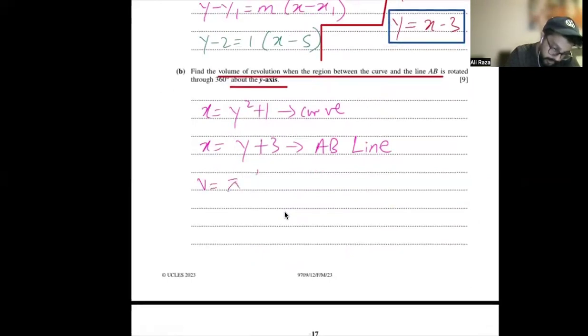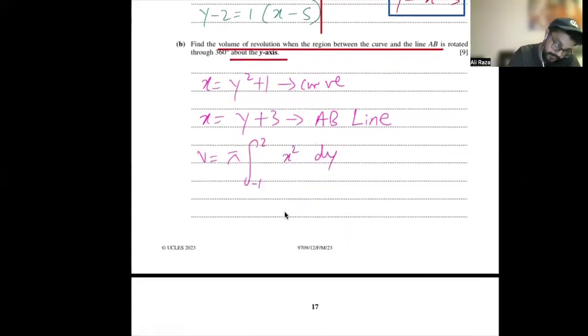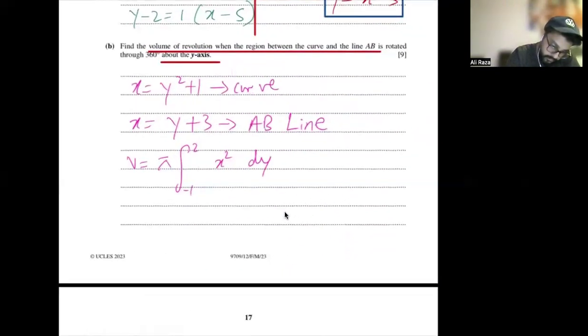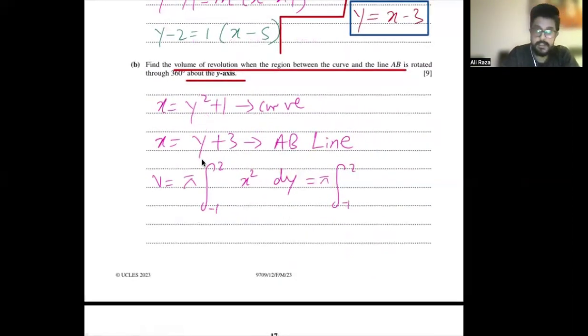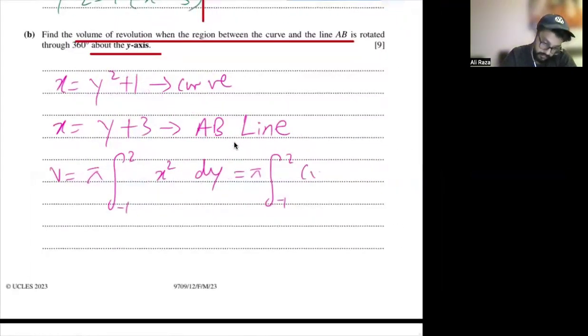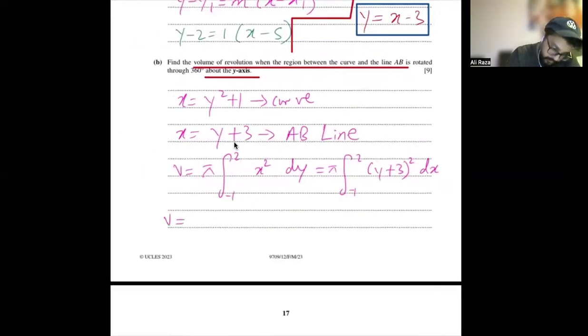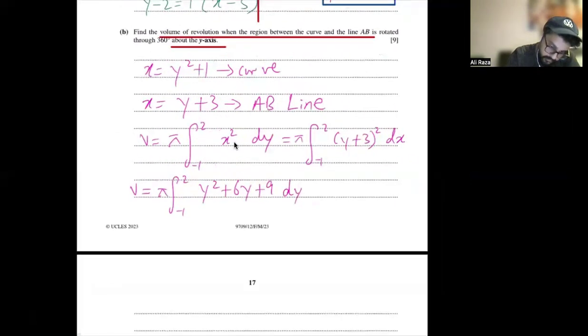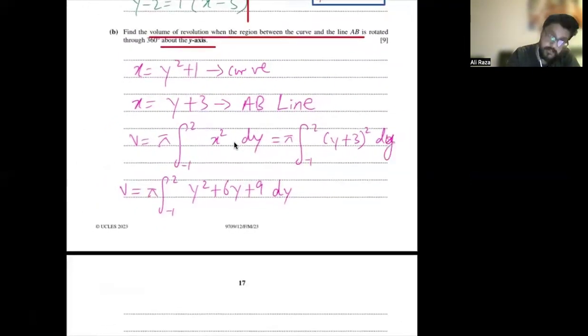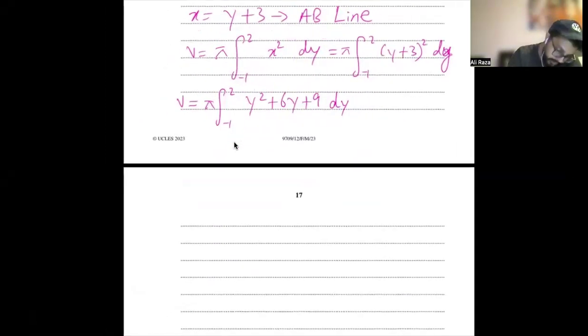V is equal to pi multiplied by the integral of x squared dy. x squared would be y plus 3 whole squared. Now we'll integrate this.